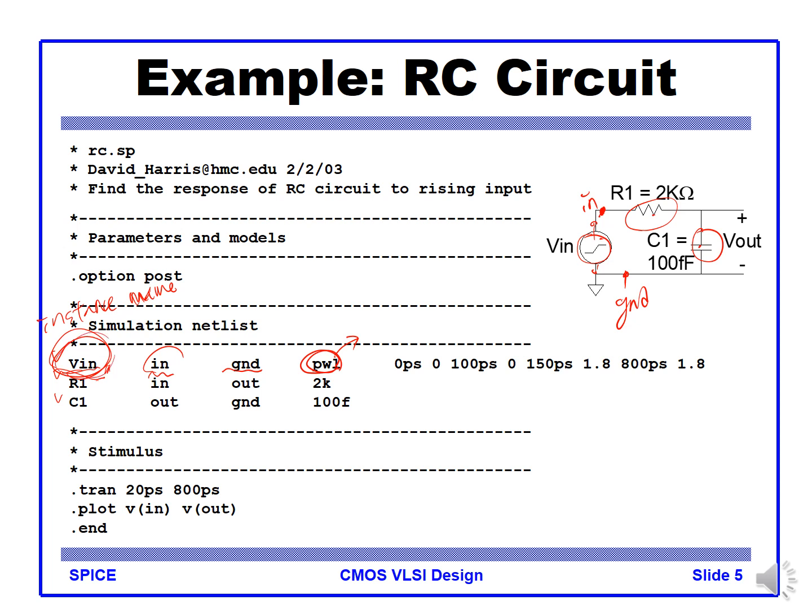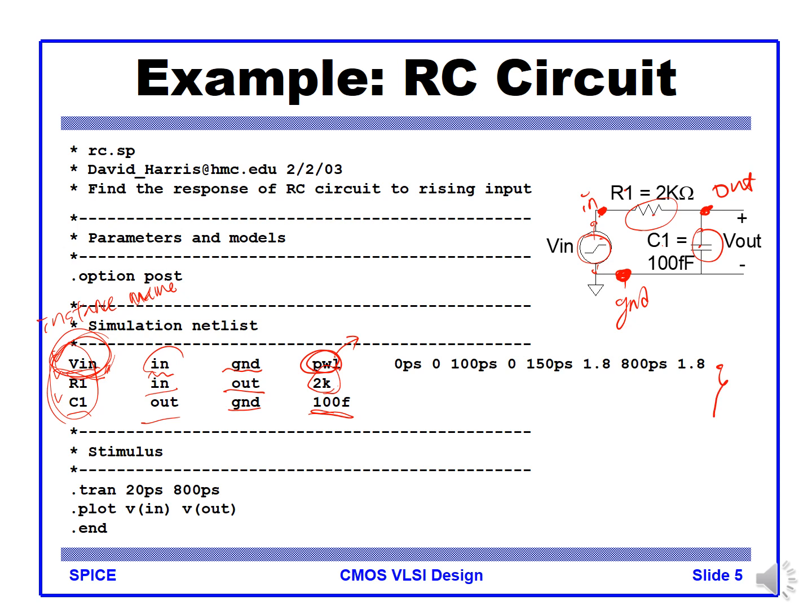So these are instance names: R1, C1, and VIN, and these are the net names, right? This is the property of the resistance, 2K, and 100 femtofarad for C1. According to this, we know that this node is in, this node is GND, and this is out. So for each node we define the net name here. So we have 3 components here.